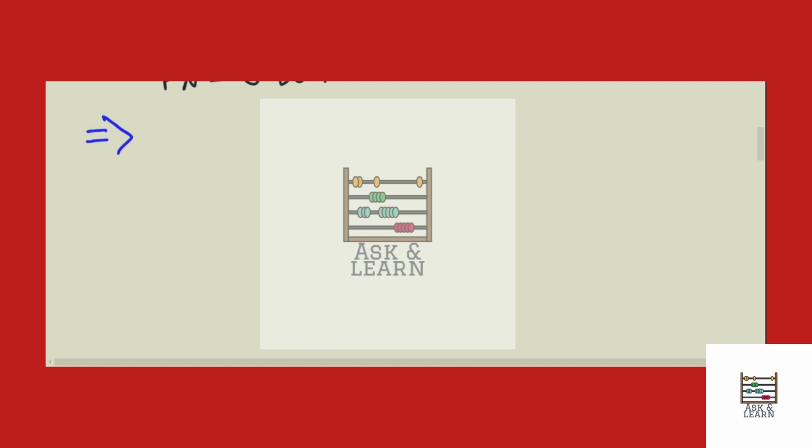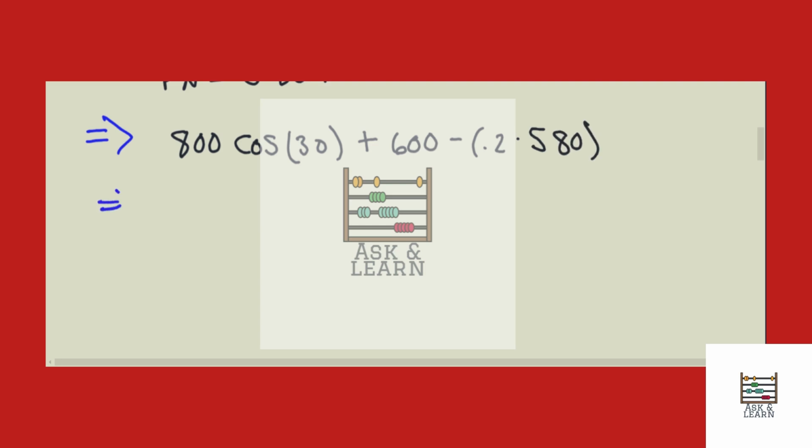Now we can plug this back in and find the forces in the x direction. We have 800 cosine 30, and 1,000 times 3/5 is 600, and then minus the coefficient of kinetic friction, 0.2, times the normal force we just found, 580. So the force in the x direction is 1,176.82 newtons.